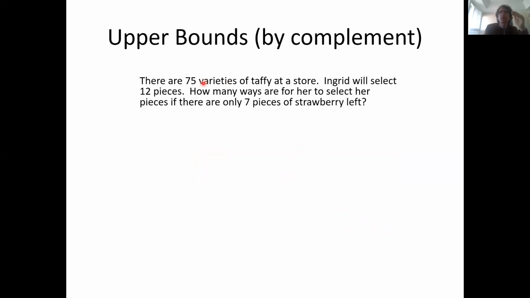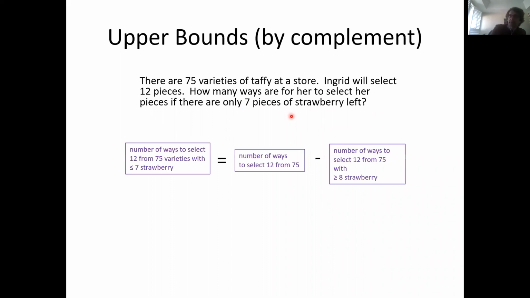Now, let's say there are 75 candy types, and you select 12, but the constraint is that she cannot buy more than 7 pieces of strawberry flavor, because there's only 7 pieces left. So that's exactly the constraint we had before. You have to do no more than 7 of a certain flavor. So let's always count and subtract those that violate it.